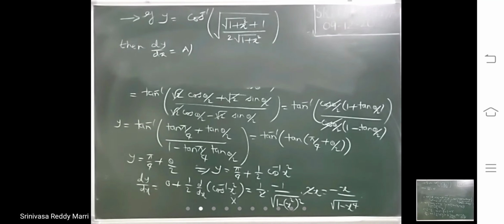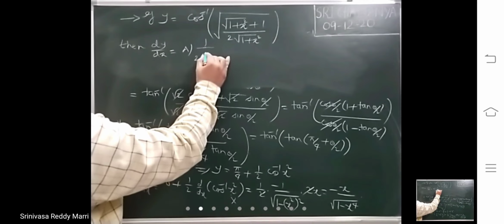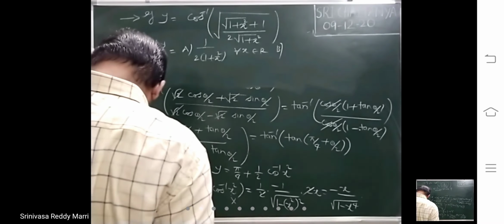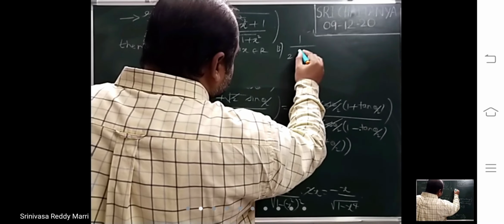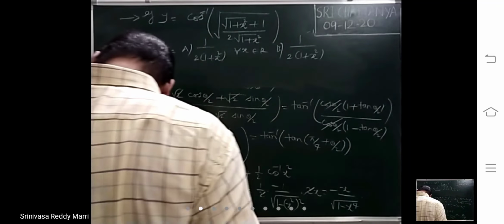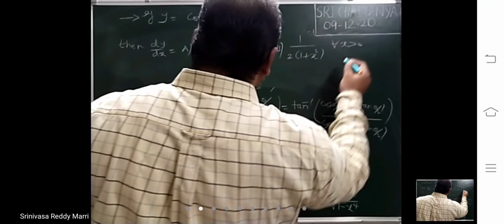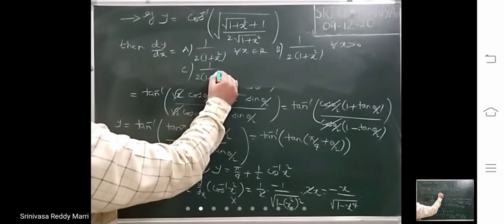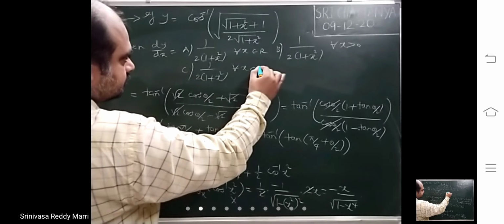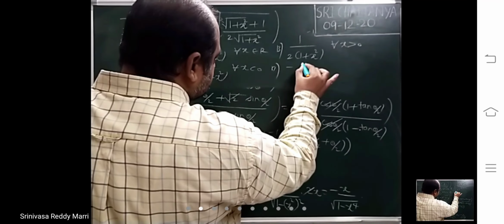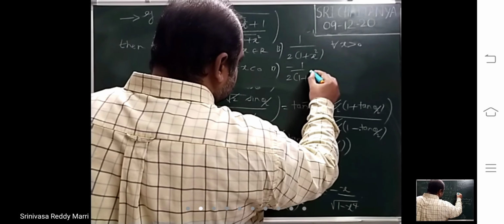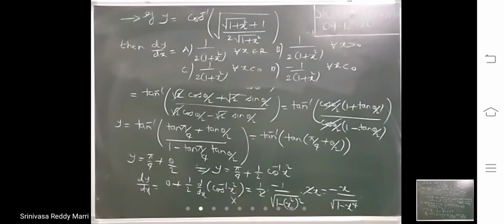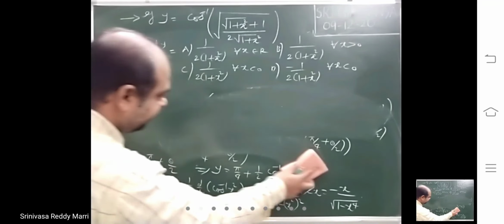Then dy by dx equals, look at this, one or more than one option is correct.